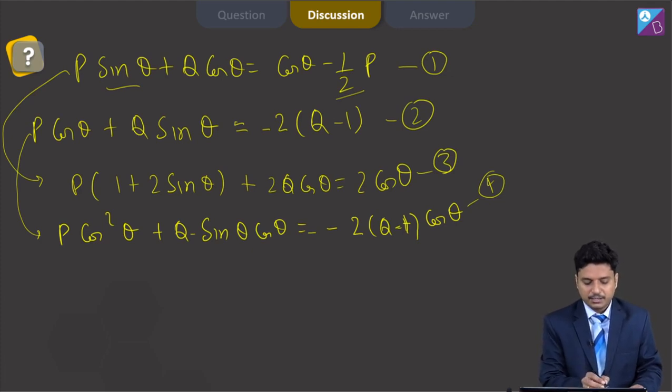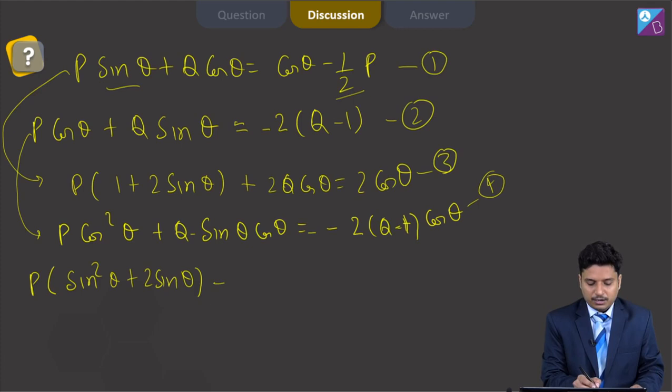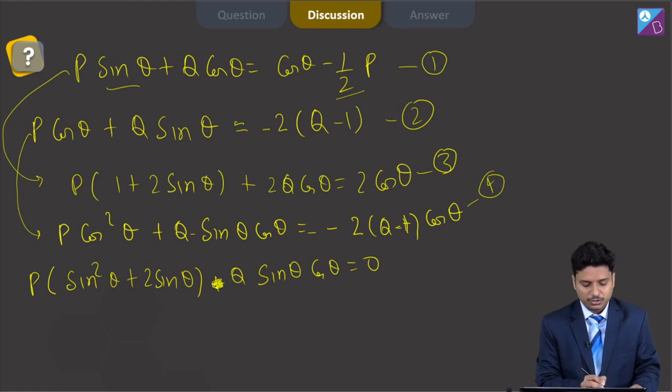If we subtract the fourth equation from the third one, we get p into 1 minus cos square theta, that is sin square theta, plus 2 sin theta is equal to 2q cos theta, and here also 2q cos theta, that will get cancelled. 2 cos theta is there, 2 cos theta is there, that will also get cancelled, and q sin theta cos theta will be there, is equal to 0.